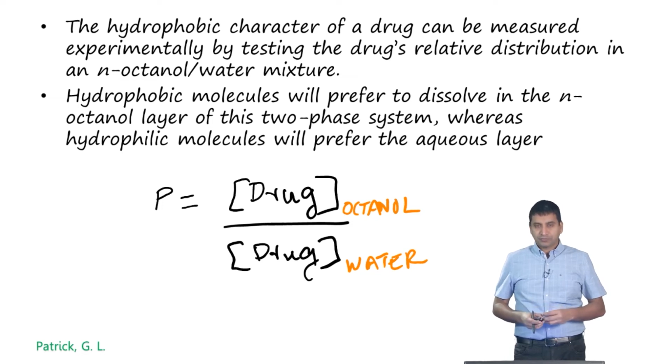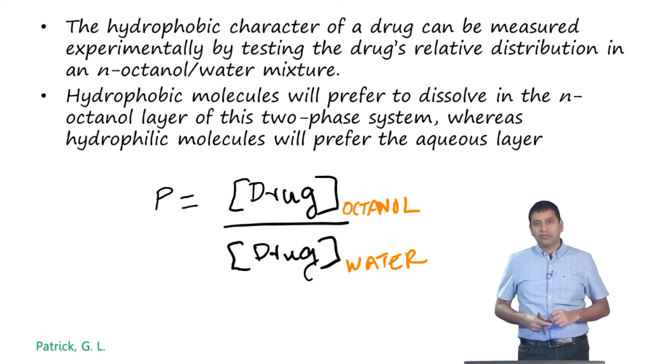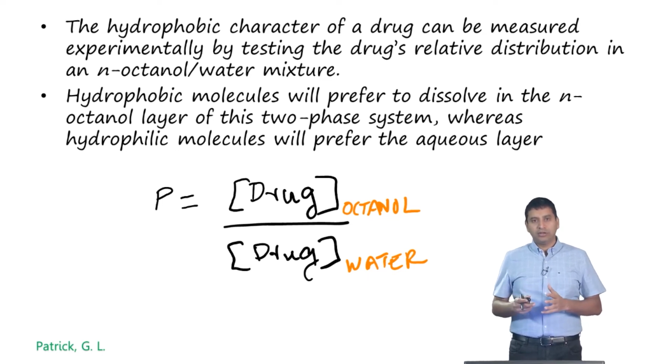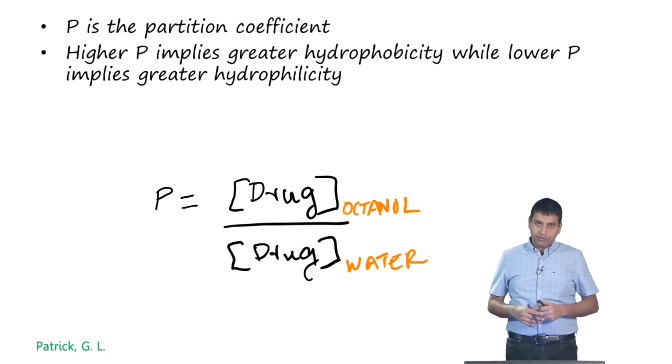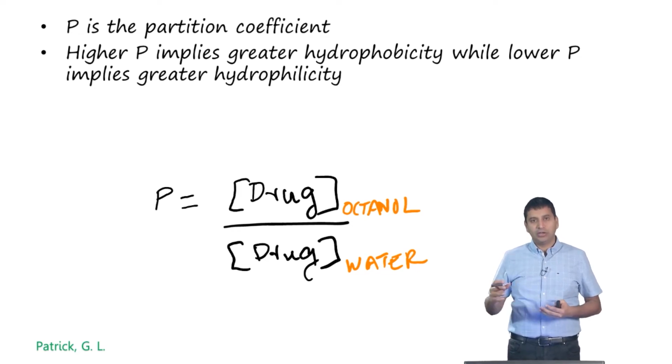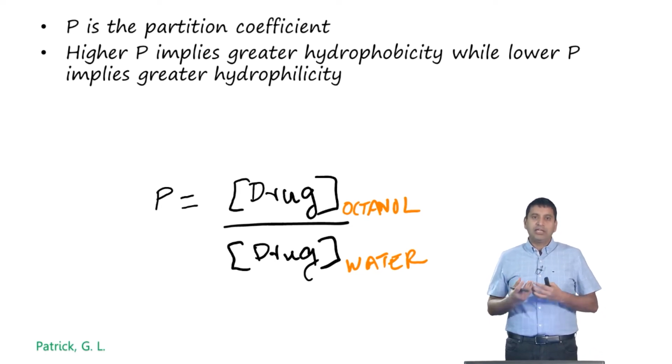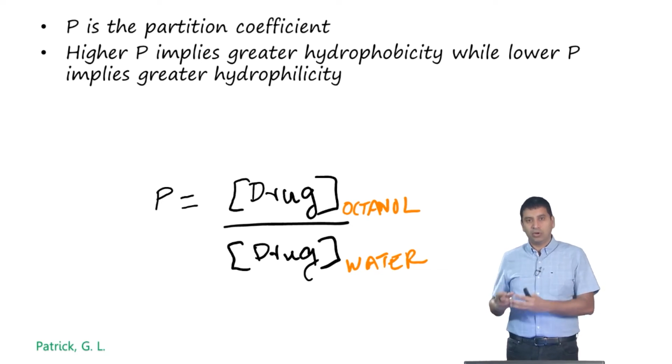So, therefore, we can define this parameter P, which is nothing but the concentration of the drug in the octanol layer divided by the concentration of the drug in the water layer. This P is called the partition coefficient. If you imagine that the number P is very large, that means that the concentration of the drug in the octanol layer is significantly higher than the concentration of the drug in the water layer, which would imply that the molecule preferentially dissolves in octanol compared to water.